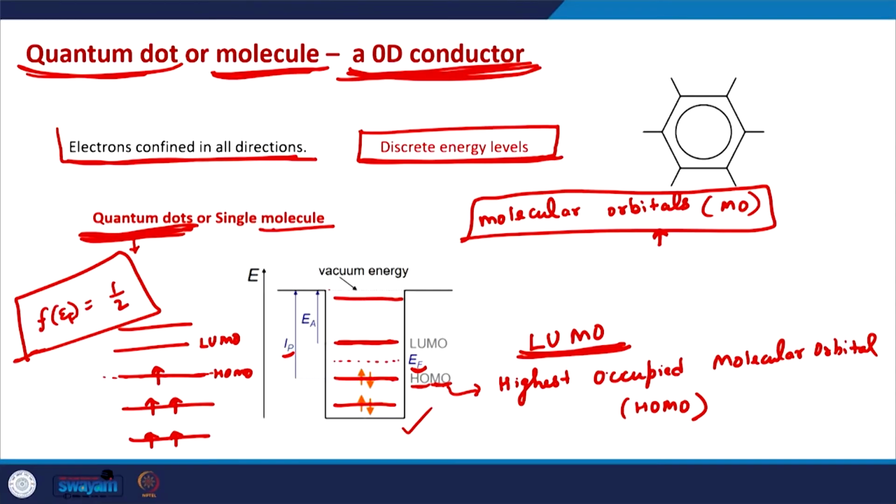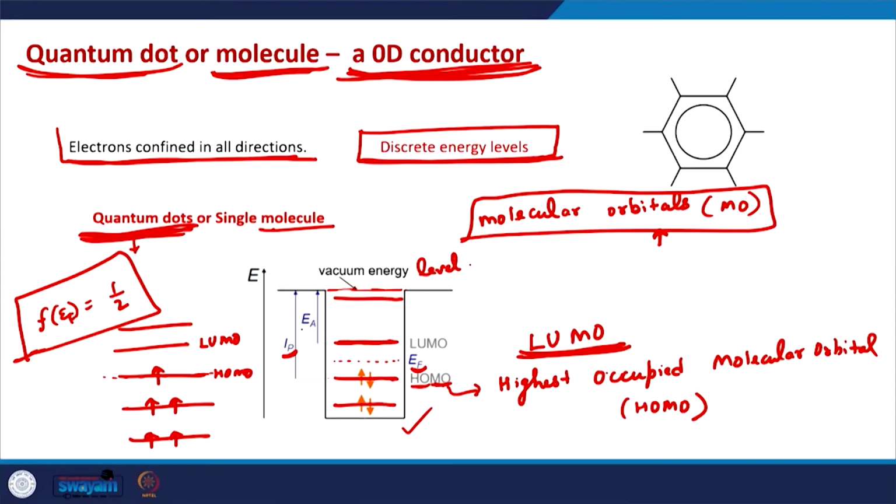And the free space energy of the electron is defined by this vacuum energy level. So, this is the level at which the electron becomes totally free from the system. So, the difference between the vacuum energy level and the HOMO energy is known as the ionization potential, and this is the energy that is required to take one electron out of the system or to ionize the quantum dot or the molecule.